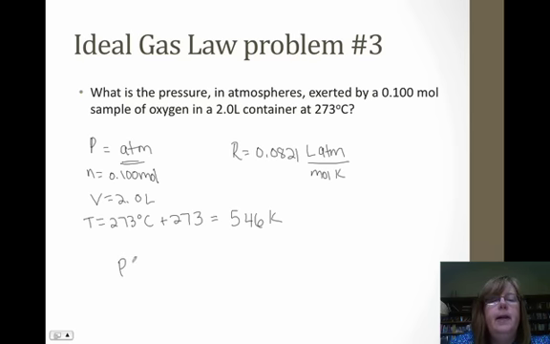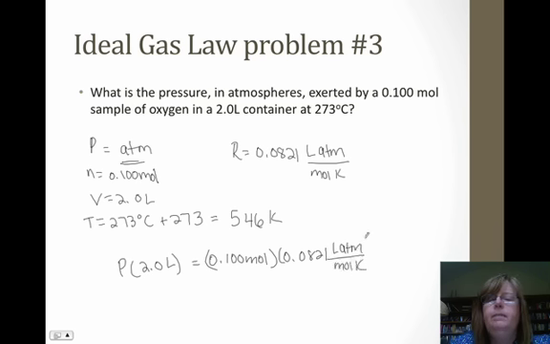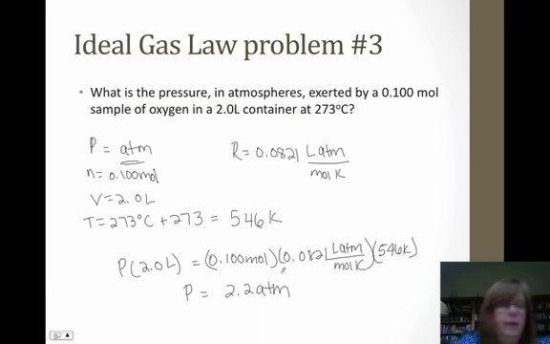So P times V, it's in liters, that's good because our R is in liters, is equal to N, they gave us moles, R, we said we need to use the 0.0821 liters atmosphere per mole Kelvin. And our temperature is 546. Now, we'll multiply 0.1 times 0.0821 times 546, divide all of that by 2, and we'll come up with a pressure of 2.2 atmospheres.